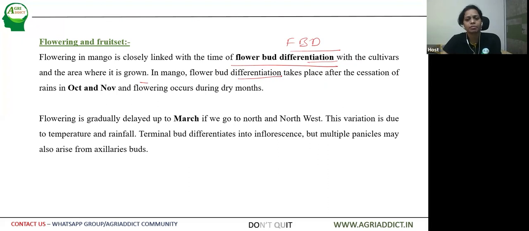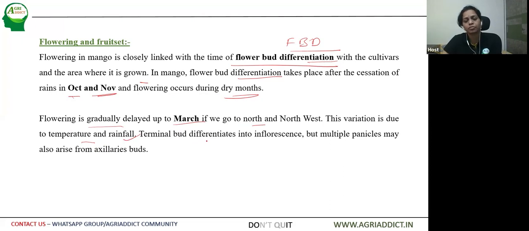If flower bud differentiation takes place only after the cessation of the rains, that is during October and November, the flowering occurs during the dry months. Then flowering is gradually delayed up to March if you go to the north and northwest regions. This variation is due to temperature and rainfall; low temperatures cannot allow it. Frost free conditions should be there.